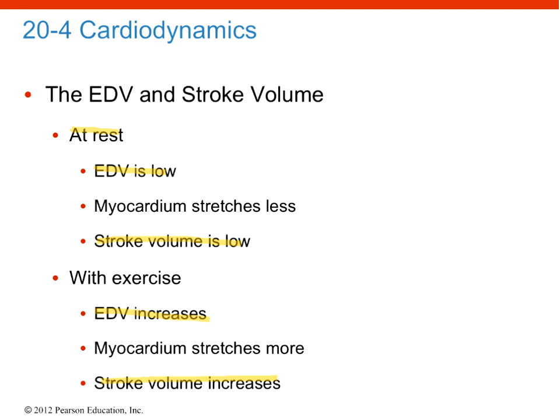As a result, the end-diastolic volume, or the volume of blood in the ventricles, is going to increase. That's going to cause the ventricles to stretch more, so they're going to contract more forcefully, and it's going to increase the amount of blood that leaves the heart. That is absolutely essential when you're exercising, because you need to get the maximum amount of blood you can to your lungs, as well as to the other areas of your body that you're using during your exercising event.